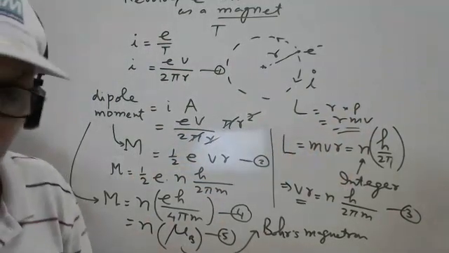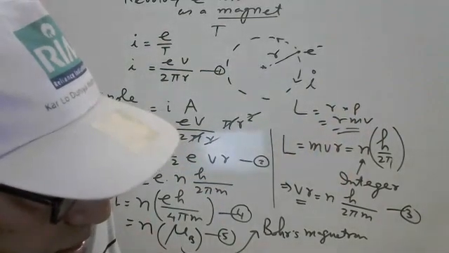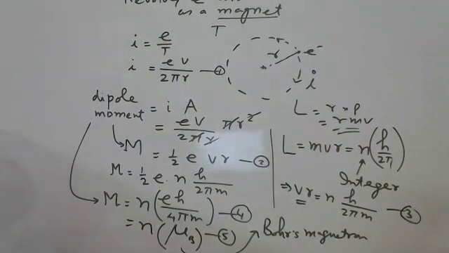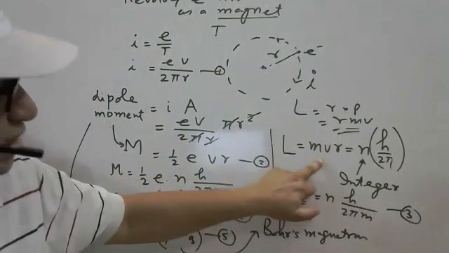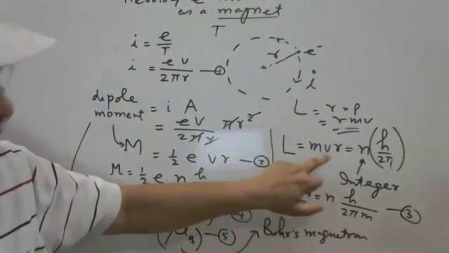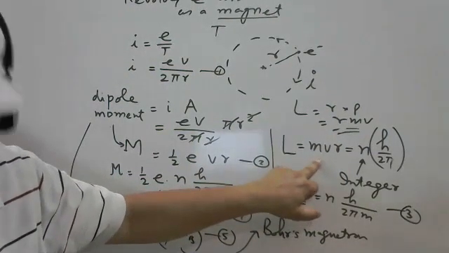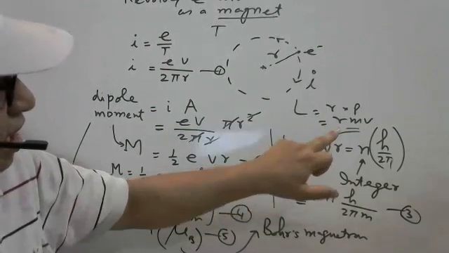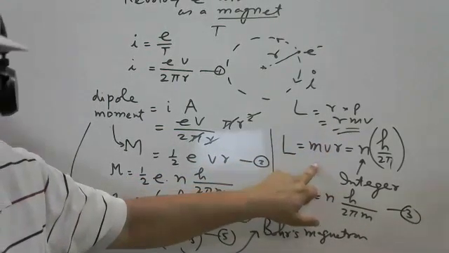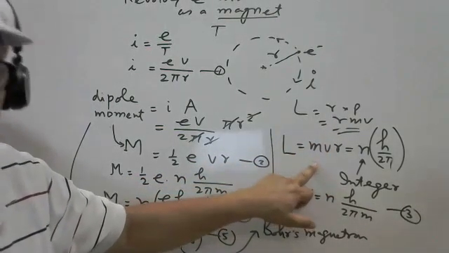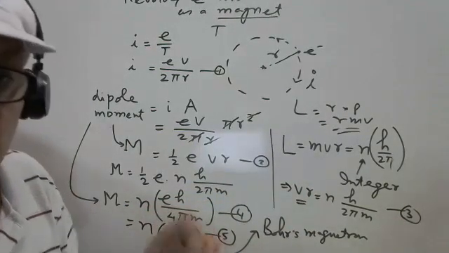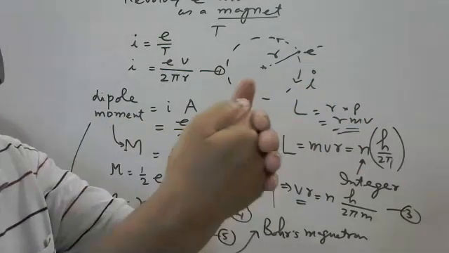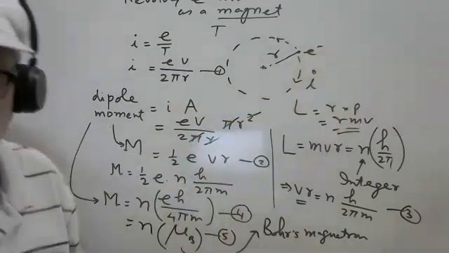Okay. So how have we related it to nh by 2 pi, the Planck constant? This is the suggestion given by Bohr. As per Bohr's second postulate or second law, electrons can revolve in fixed stable orbits only. The first condition is that the attraction force between the nucleus and the electron must be equal to the centrifugal force.